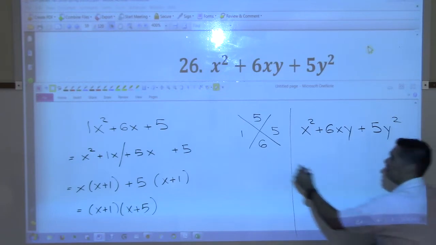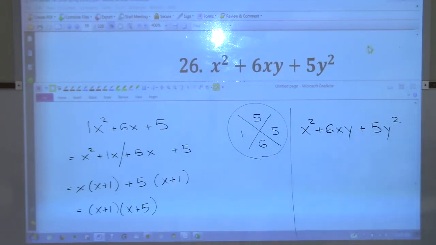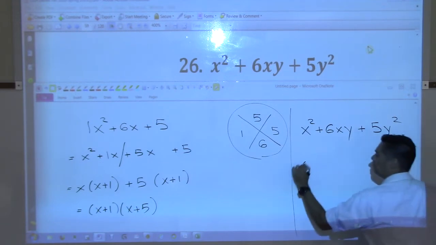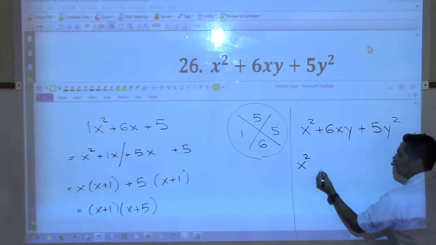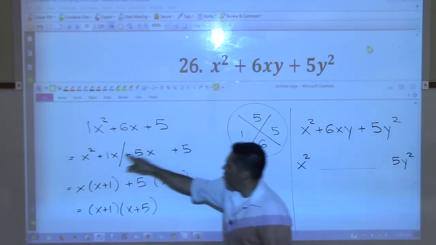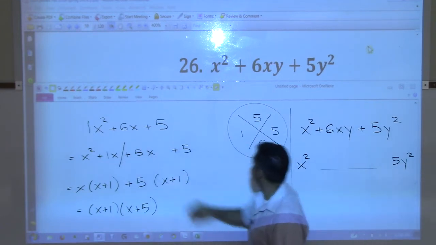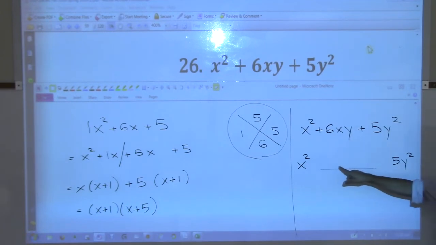We're going to create this chart, that little x thing. And now when we rewrite it, we leave the 2 ends alone. But what do you think is going to go in the middle here? Instead of this being 1x and 5x, in order to recreate this middle term, 6xy, what do you think we'll put here?